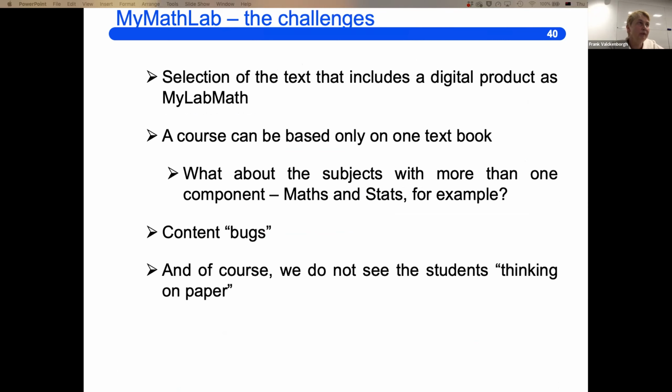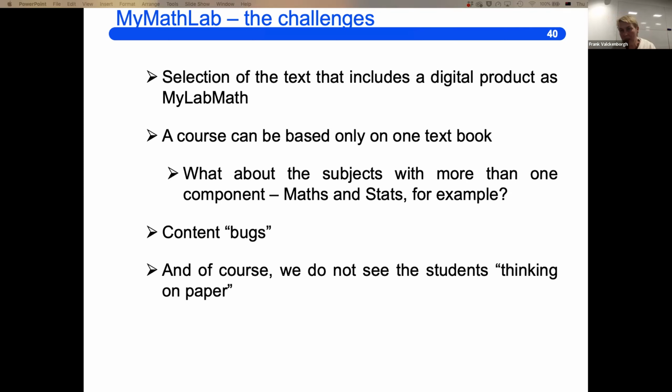It is important that you select a text for your subject which aligns with your subject, and that it has a digital product with it. Because once I had a subject where I chose the text, but I didn't know it doesn't have a digital platform. So I had to choose questions from different books.